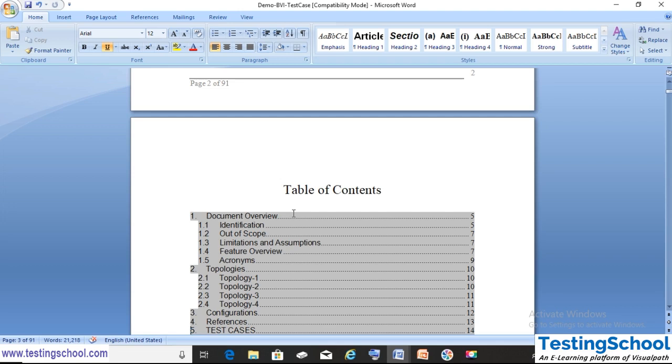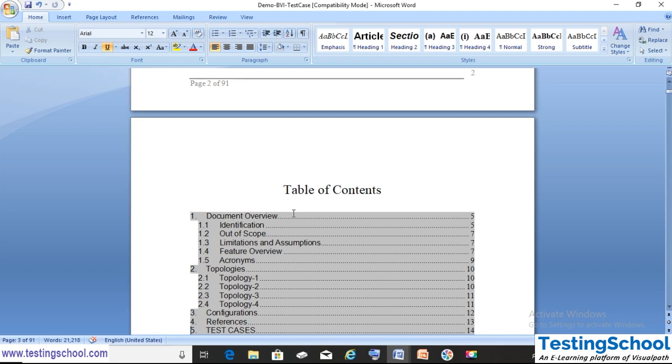First of all, revision. See here, your test plan name is demo VVI. VVI is a protocol. Test cases. So who has written it?